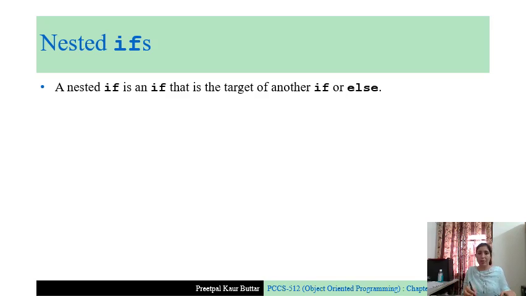For example, you want to find out the greatest among three numbers A, B and C. So you want to compare these numbers with each other. Let us start with comparing A with B. When we compare A with B, this condition can be true or false.